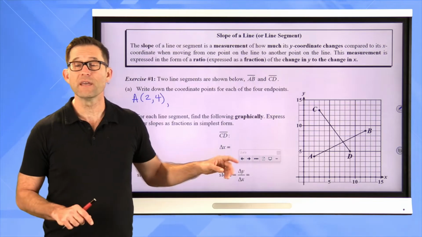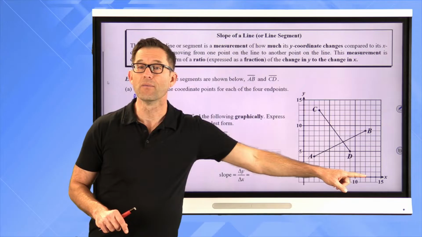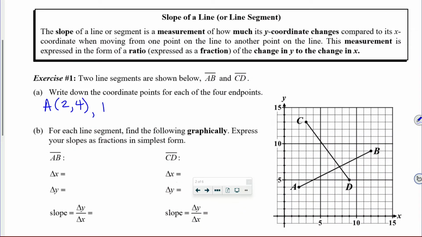All right, well, let's keep going with segment AB. Obviously, point B is at the coordinate point 12 comma 9. So B is at 12 comma 9. Point C is going to be at 3 comma 13.